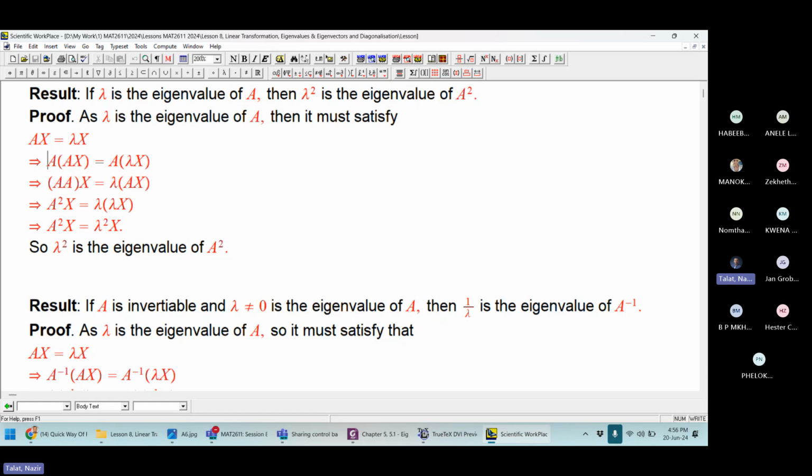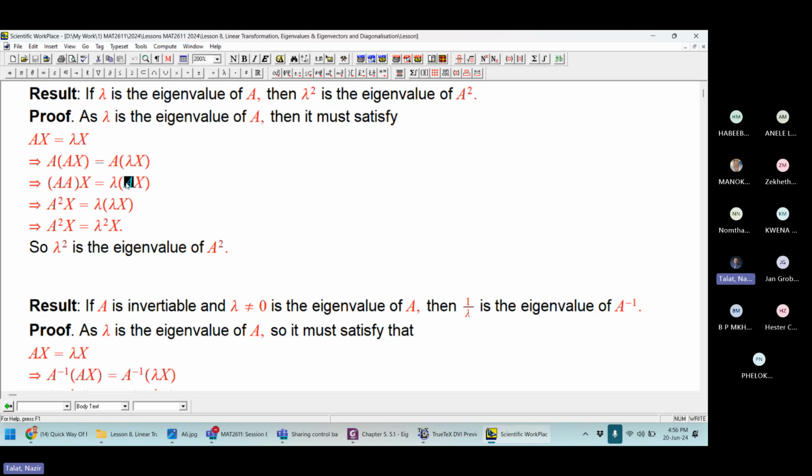Now, if you multiply A on both sides on the left side, we can write A times A x, and lambda can be taken outside of the matrix multiplication. So A times A becomes A square x, and it is equal to lambda times A x.